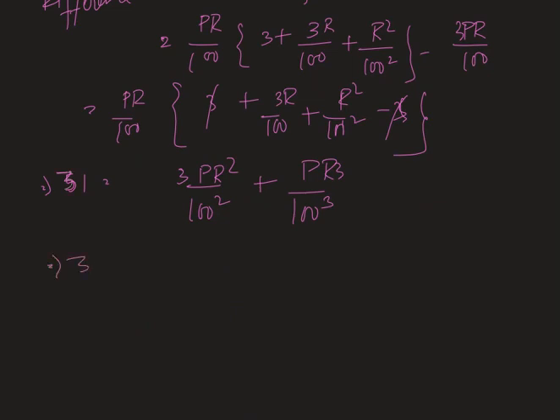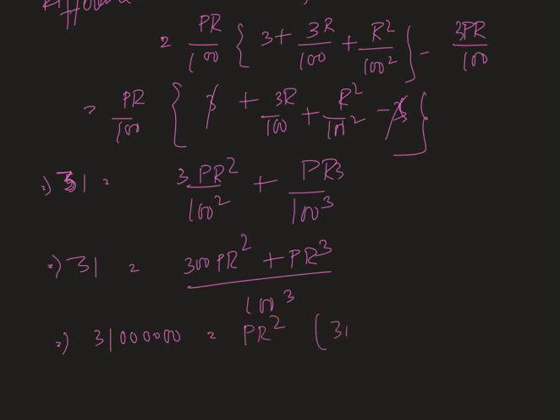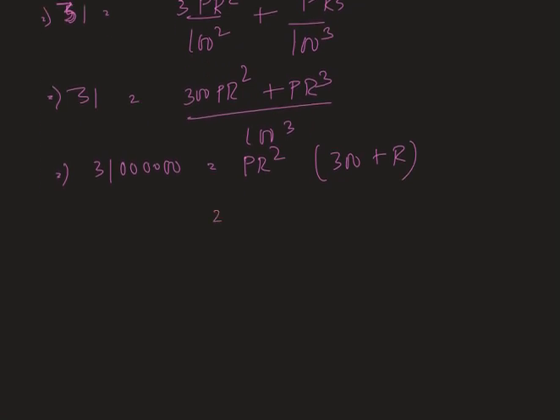Okay, so 31 is equal to 300 PR square plus PR cube divided by 100 cube, and this is equal to 31, if we take PR square as common, we get 300 plus R. Now we do not know the value of P, but we know the value of R, which is 10.